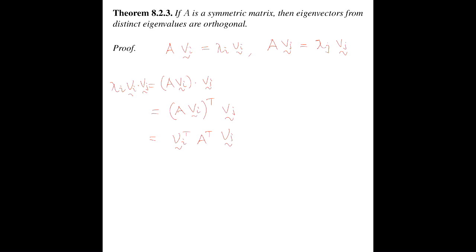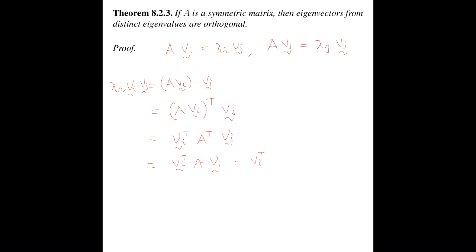And then we need to use that A is symmetric. Because A is symmetric, A transpose is just equal to A. And then what is A times Vj?